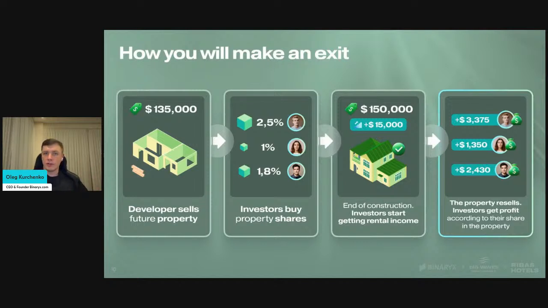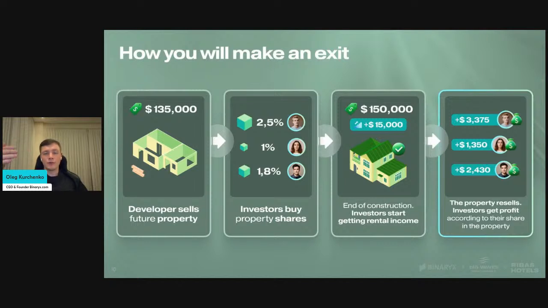But how does it work in numbers, in a simple way? When you invest in some property at an early stage, developers usually give a discount from the price the property will cost on the market.